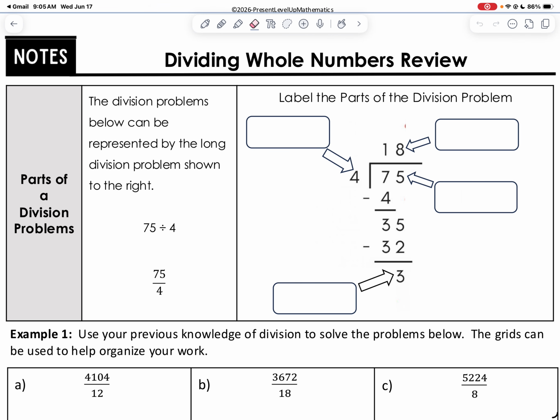Now, in the long division problem, the number that's being divided into parts is called your dividend. So here we're taking 75 and we want to divide it into 4 equal parts. So the 4 is called your divisor.